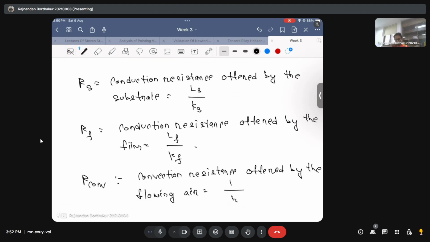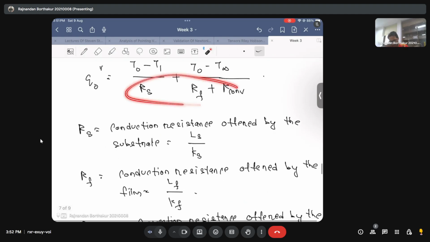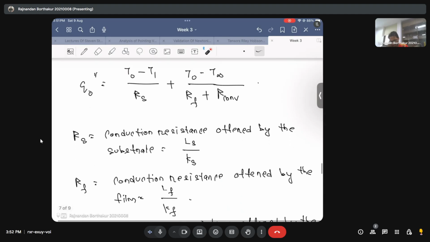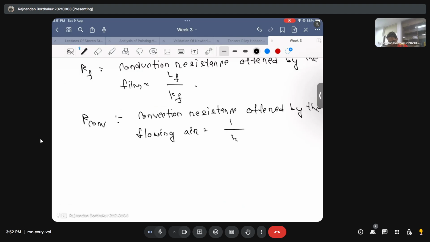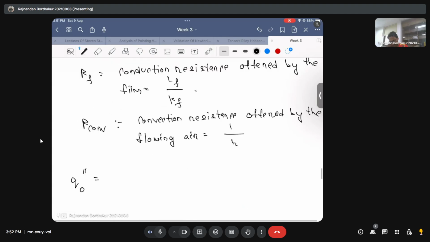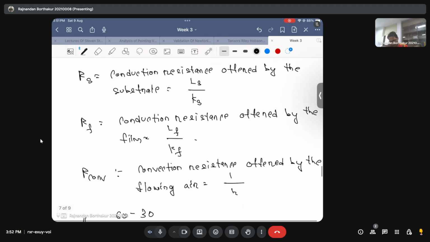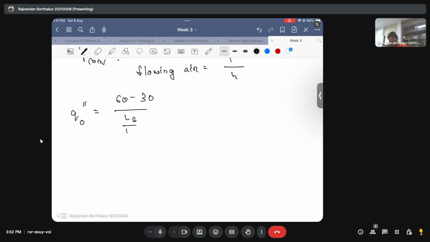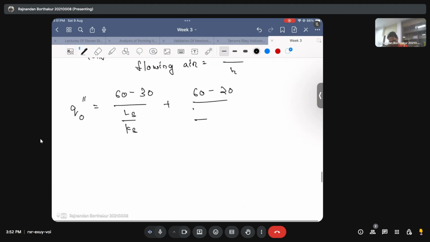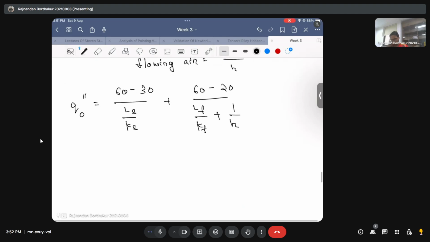Which now means that I know these three quantities and I can just substitute, because all these temperatures are known. So your Q naught double prime is: T naught is at 60, T1 is at 30, divided by Rs, which is Ls by Ks, and then 60 minus T infinity at 20, divided by Lf by Kf plus 1 upon h.